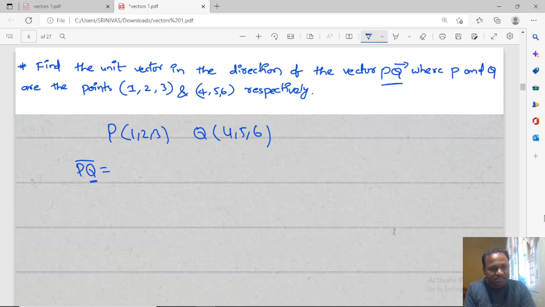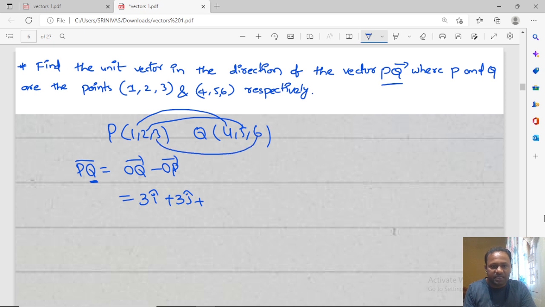Already I told, start with Q: OQ bar minus OP bar. OQ bar minus OP bar means 4 minus 1, 3i cap. Next, 5 minus 2 means 3j cap, plus 6 minus 3, which means 3k cap.